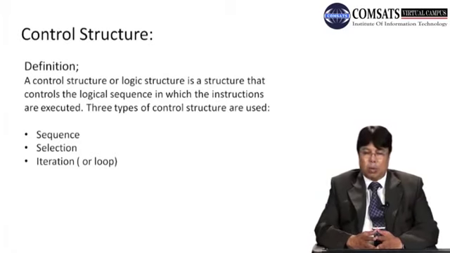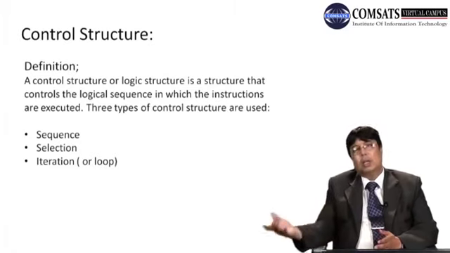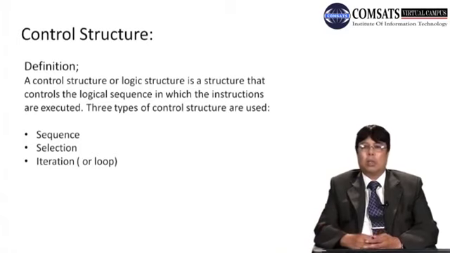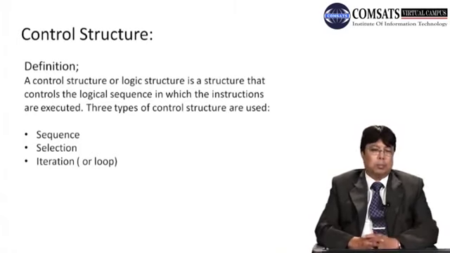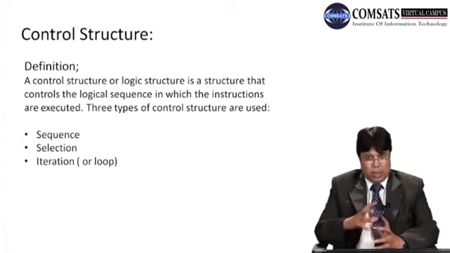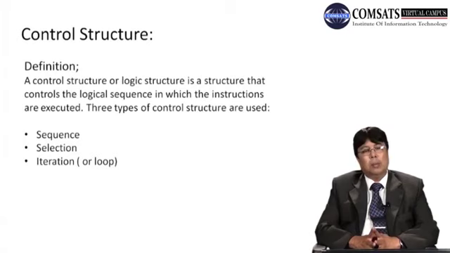If the decision box says yes, you can use the right path. If the decision box says no, then you can use the left path. So before I go to the second phase, I would like to define the control structure here. Just आपको एक brief सा introduction देने के लिए I would like to explain control structure.